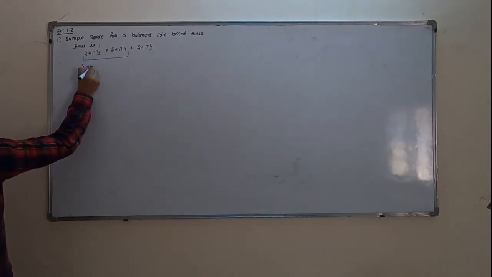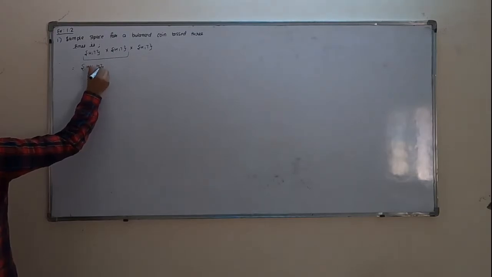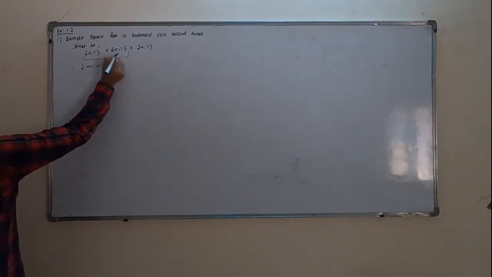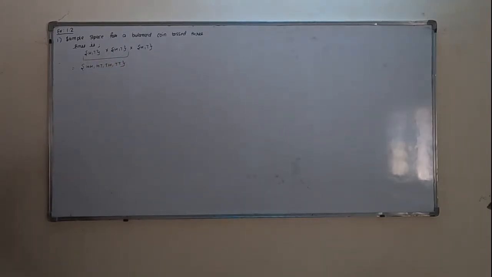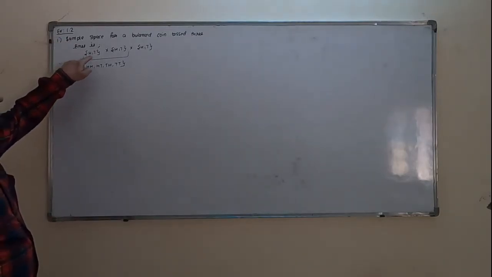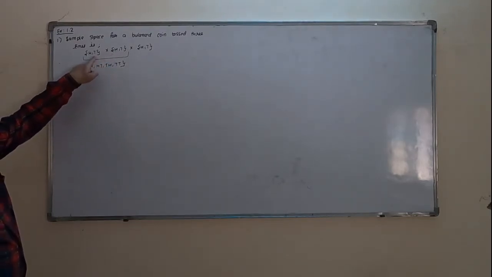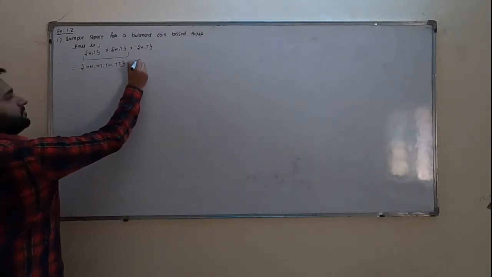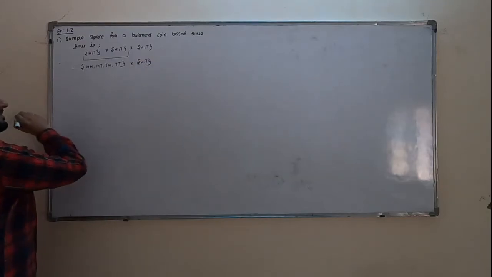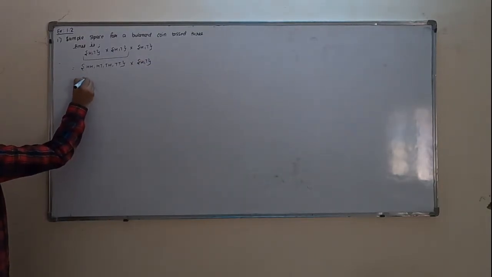HH, then HT, then TH, then TT. How to do it? As we are doing cross multiplication, H into H, HH, H into T, HT, T into H, TH, T into T, TT. So now what will be done?